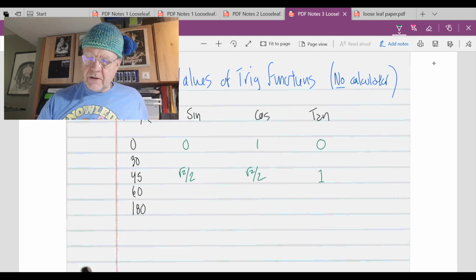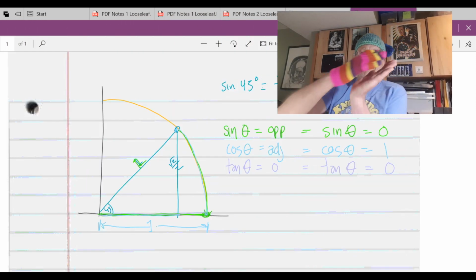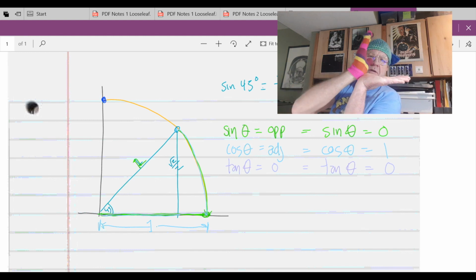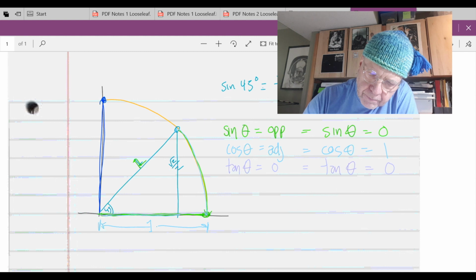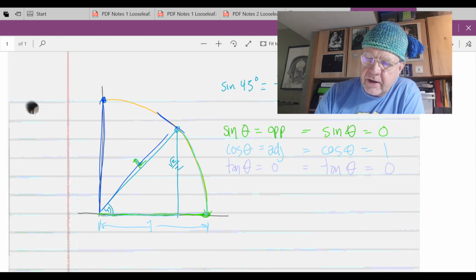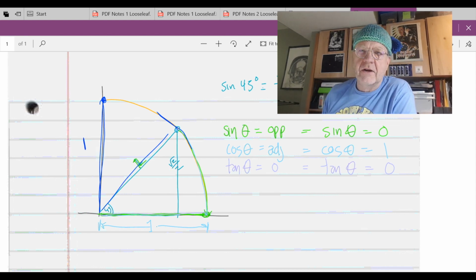We can go further. Let's try 180 degrees. 180 degrees is the angle of elevation straight up. So we're looking at this point right there. And remember, as this arc here travels back and forth, it traverses a line that is 1 unit long. So this distance here is 1.